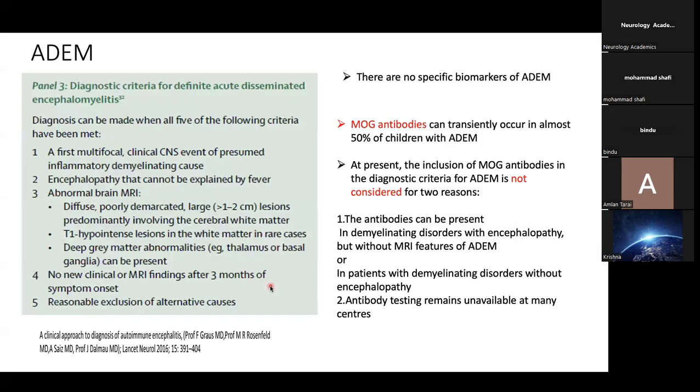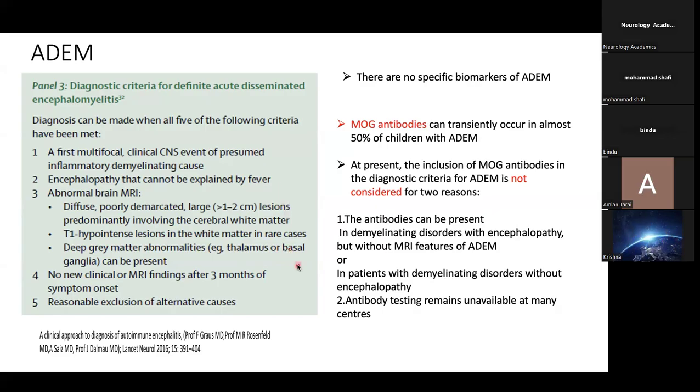Now come to the ADEM, the diagnostic criteria of definite ADEM, acute disseminated encephalomyelitis. There are 5 criteria: a multifocal clinical CNS event of presumed inflammatory demyelinating cause; encephalopathy that cannot be explained by fever; and abnormal MRI findings, that is diffuse, poorly demarcated, large lesions, more than 1 to 2 centimeters, predominantly involving the cerebral white matter, and T1 hypointense lesions in the white matter in rare cases.